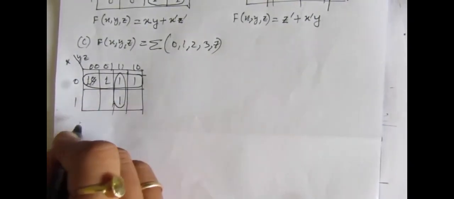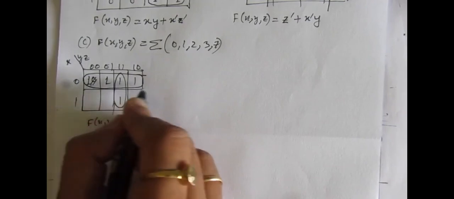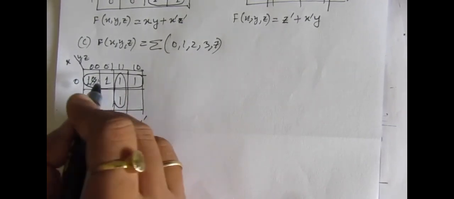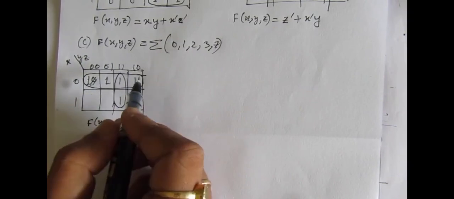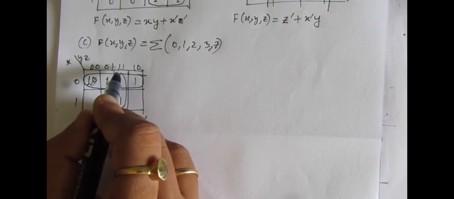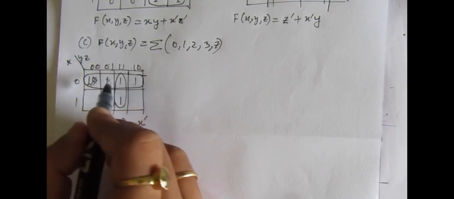So we can write f of x, y, z equal to, for this term we have x equal to 0, so x bar. All the other variables will be cancelled because y equal to 0 as well as y equal to 1 is there for this whole term.